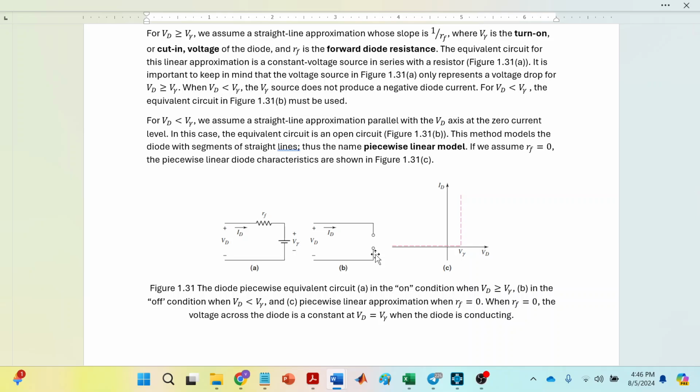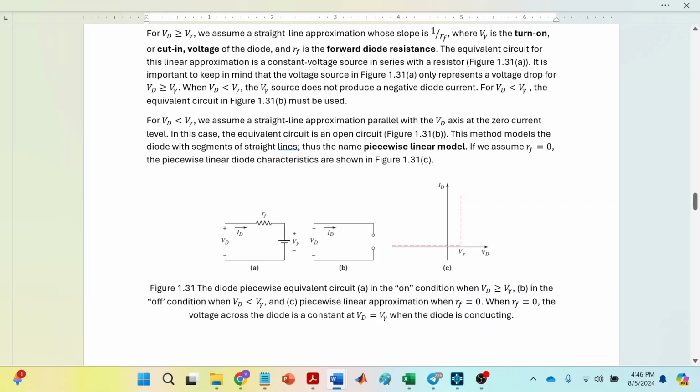So this method models the diode with segments of straight lines. So that's the name piecewise model. It just models it as a straight line, the parts where VD is greater than V gamma and the parts where VD is less than V gamma.